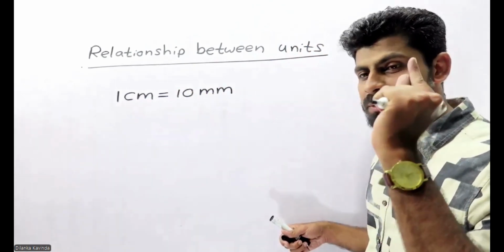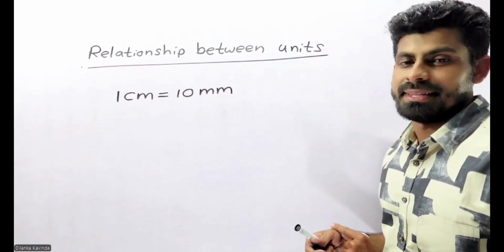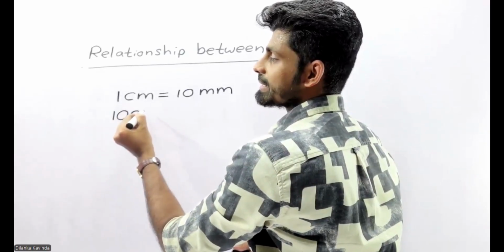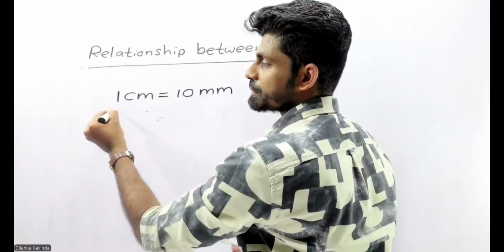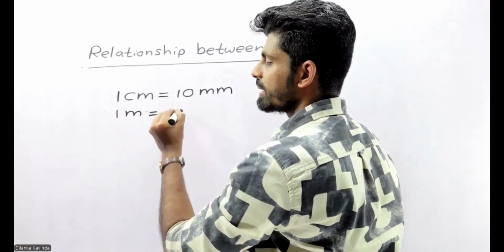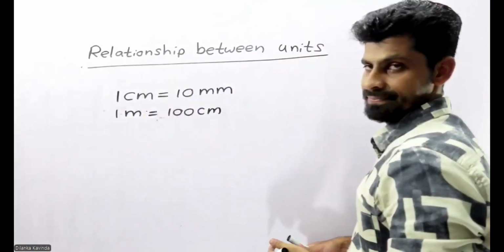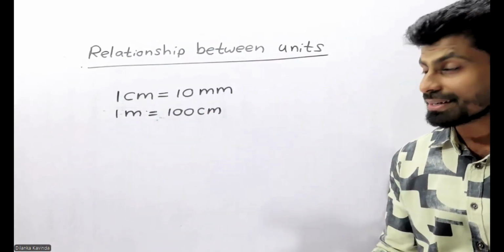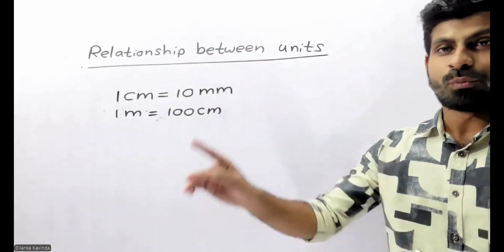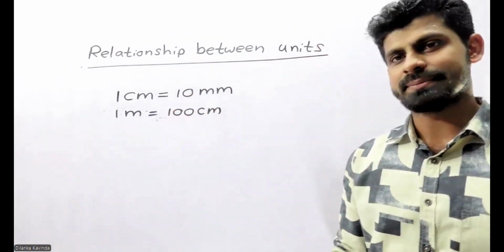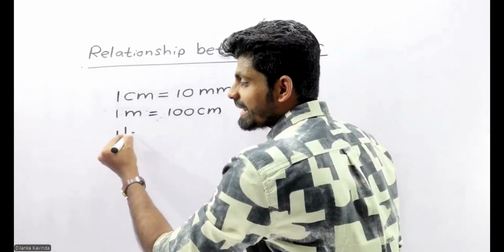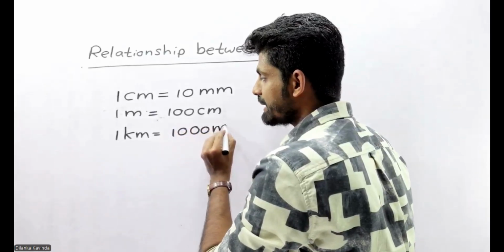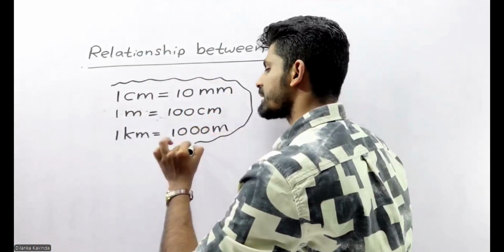Then 1 meter equals 100 centimeters. 1 centimeter means 10 millimeters. Then 1 kilometer means 1,000 meters.